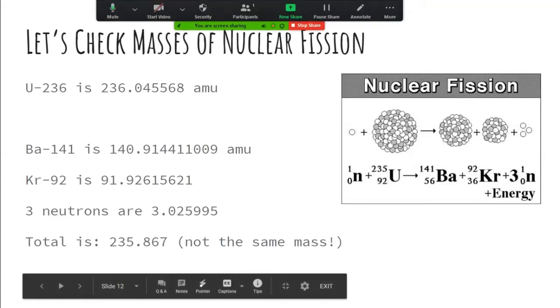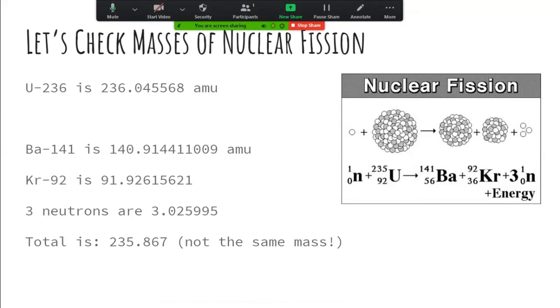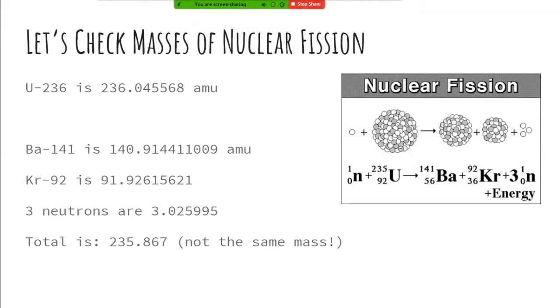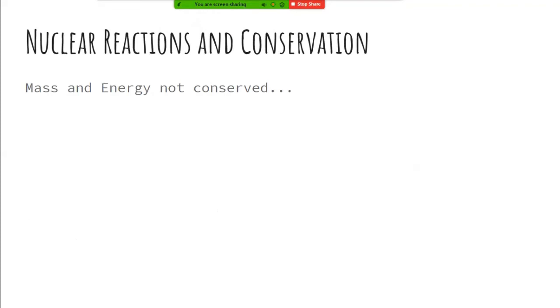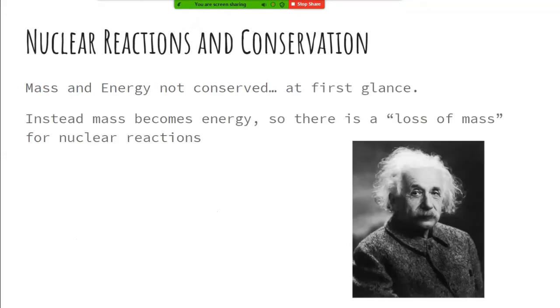They're not the same masses. So I know I mentioned that the numbers on top are supposed to be equal, but that's for approximation. Actually, for nuclear reactions, mass and energy are not entirely conserved like how you'd think in other reactions.